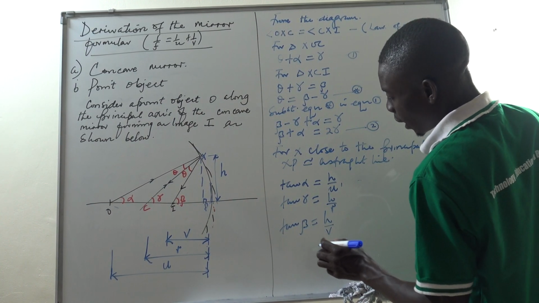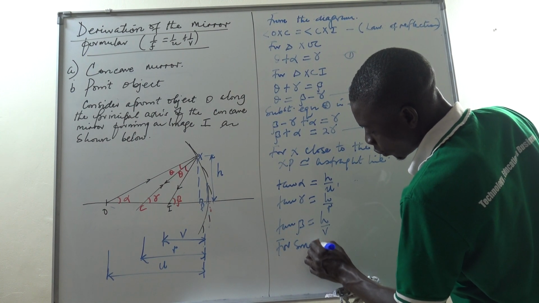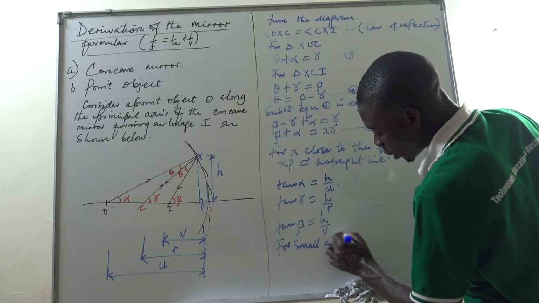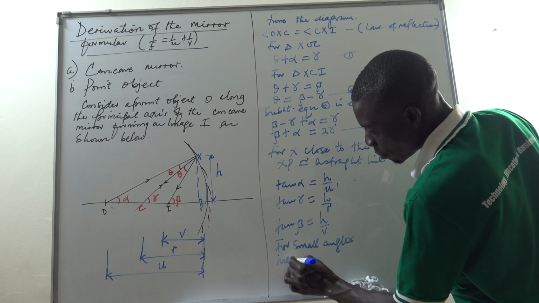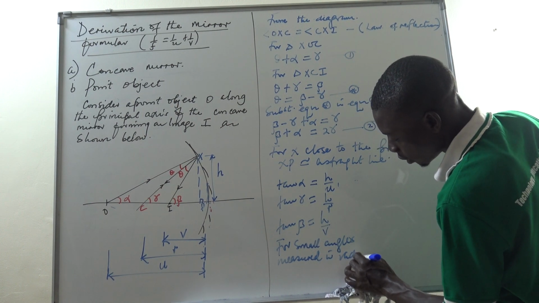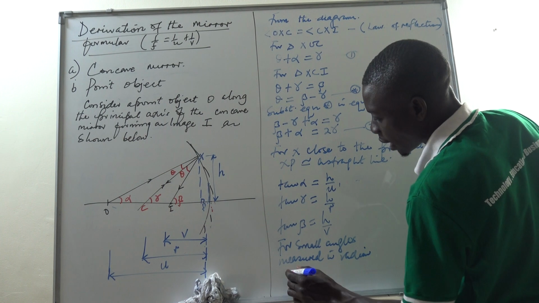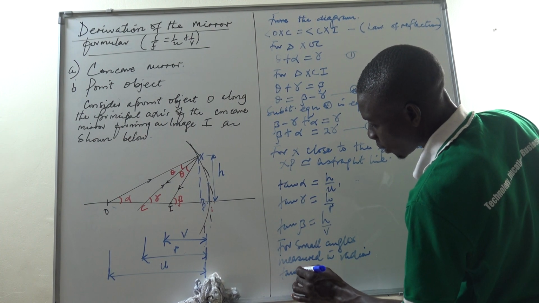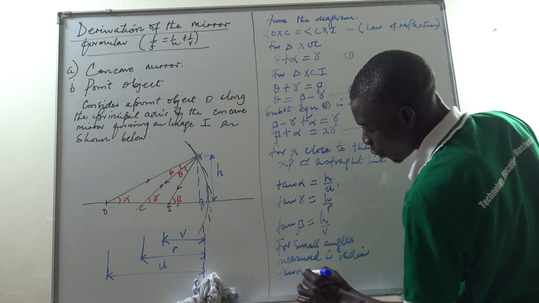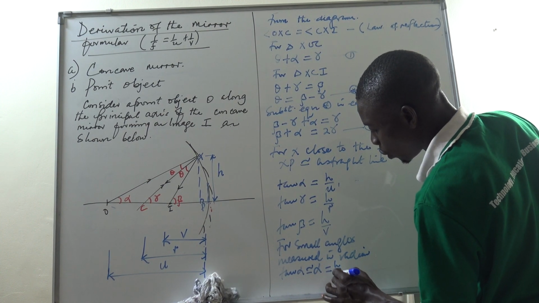And then for small angles measured in radians, tan alpha will approximate to alpha, and this will be equal to h out of u.